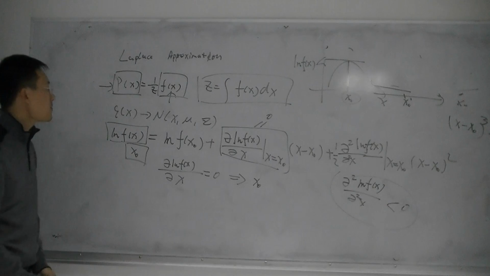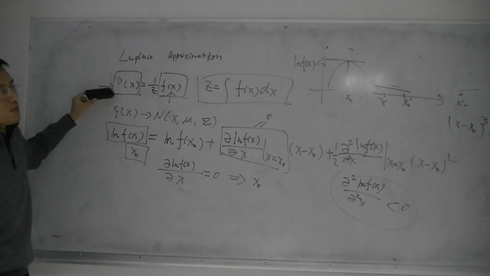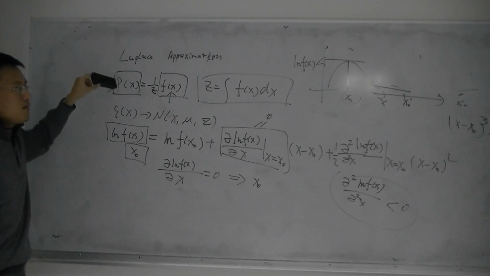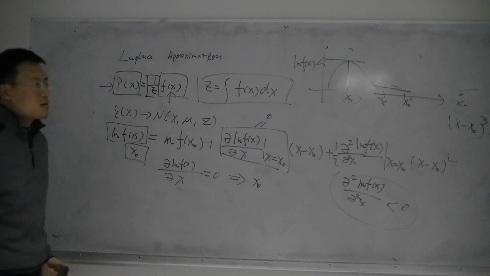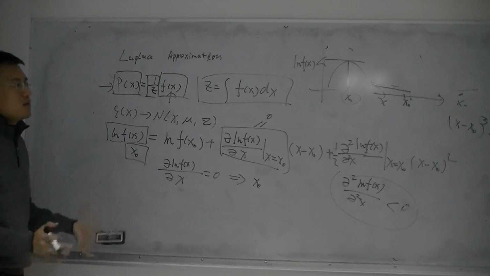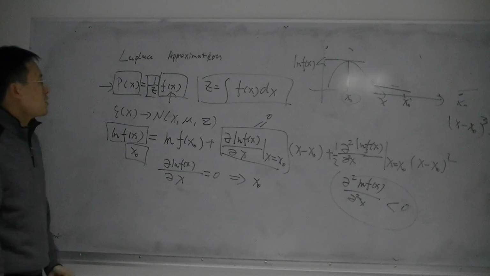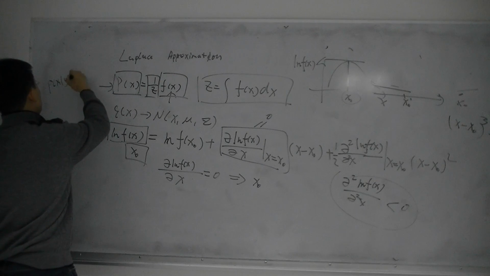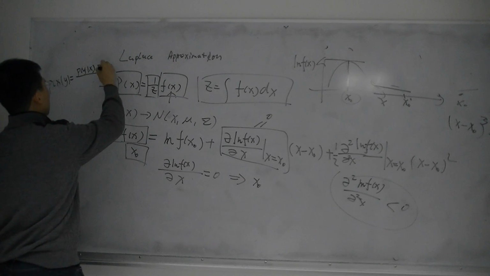So f is known, P is unknown, and you want to evaluate P of x, but you should know the normalization constant Z first if you do some basic inference. The problem is Z is very difficult to evaluate.